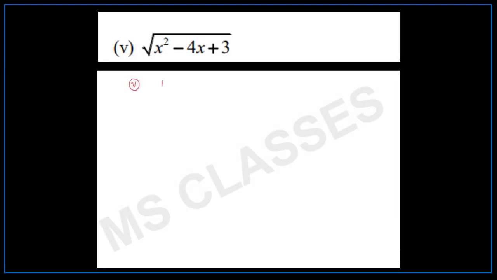Let f(x) equals to under root of x square minus 4x plus 3.